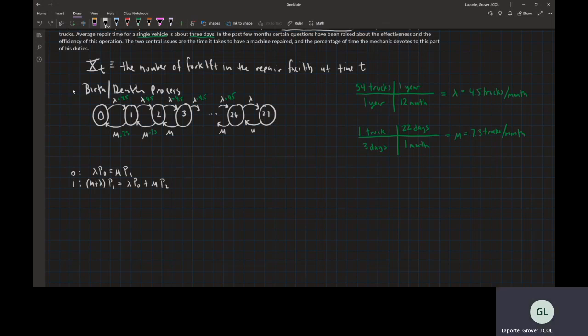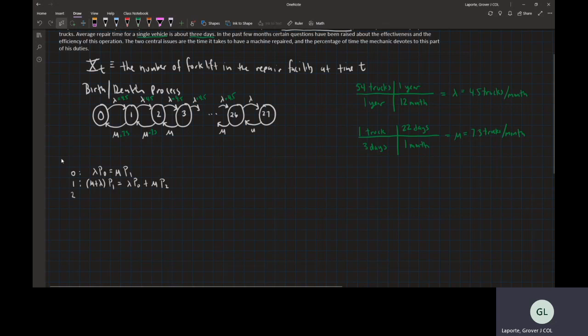Again, this involves the arrows that are leaving the state. So if you go up here to 1, I got a mu going out times P1, and a lambda going out times P1. And then these are the arrows coming into that state. So going back up to 1, I got a lambda P0 coming in, and a mu P2 coming in. So that's where I'm getting these letters and numbers that are coming up on here.